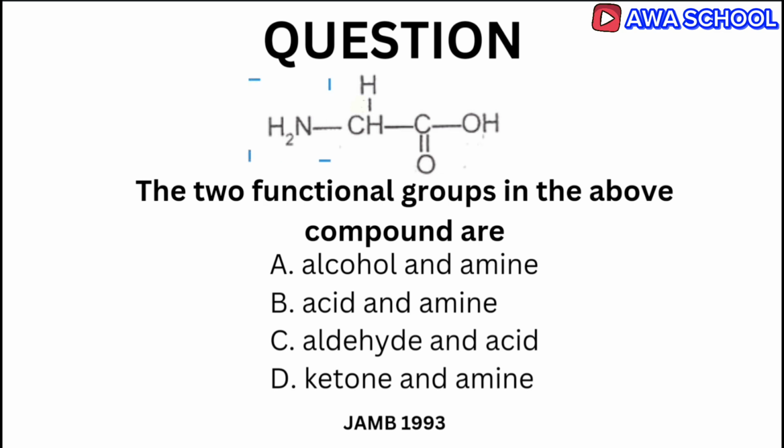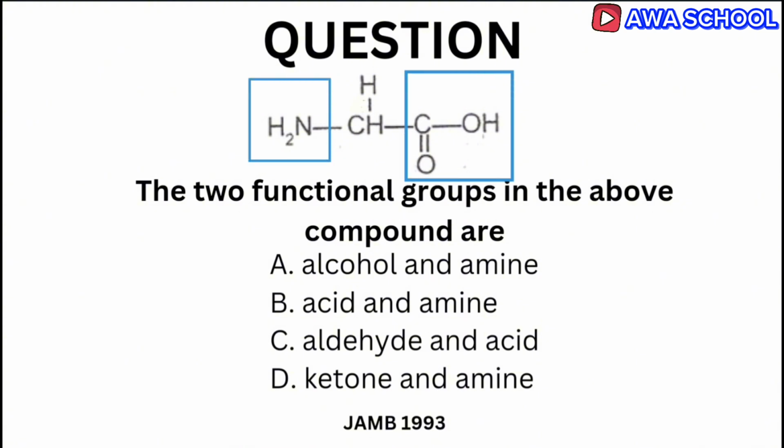Check the left-hand side. The left-hand side, this is it. H2N. That is the same thing as NH2, which is the functional group for what? An amine. It is not amide. It is what? Amine. This is the functional group for the amine homologous series. Are you getting me? And then when we come to the right-hand side, we have the COOH. The COOH, not just the CO, but COOH.